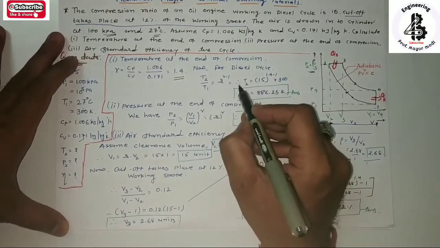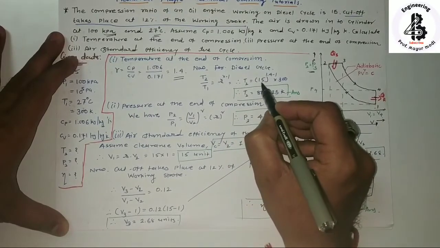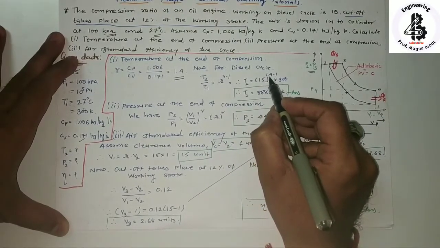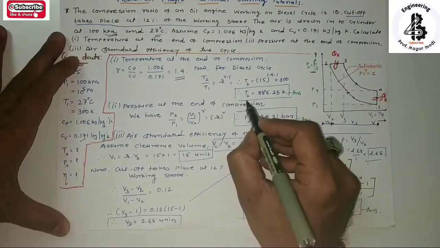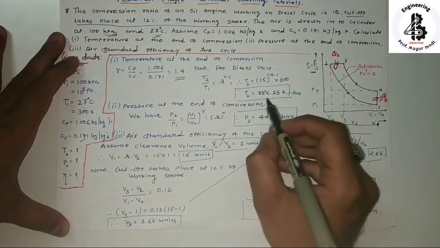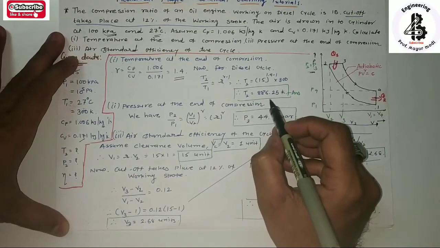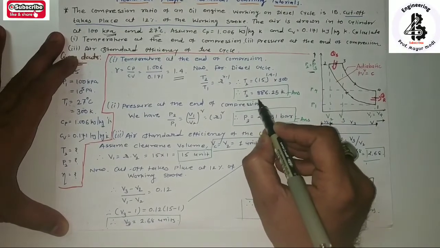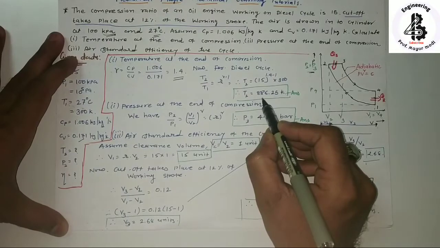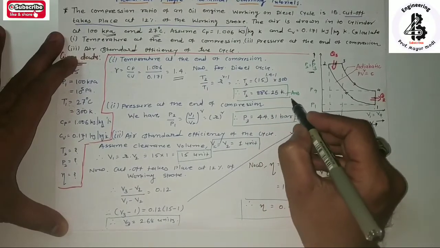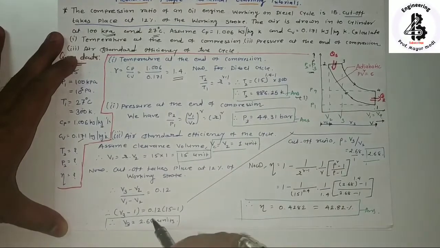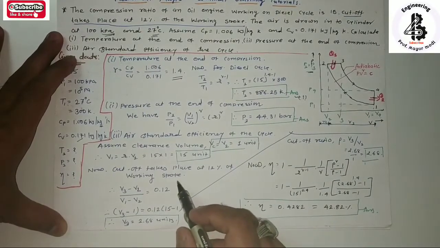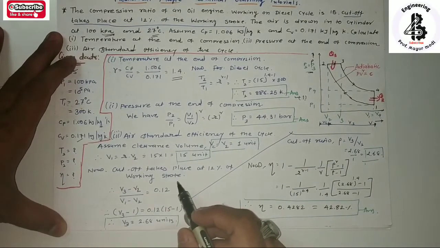So finally T2 equals 15 raised to 1.4 minus 1, into 300. So from the adiabatic compression relation of temperature and compression ratio, T2 equals 886.25 Kelvin. That is the answer number 1, the temperature at the end of the compression process.